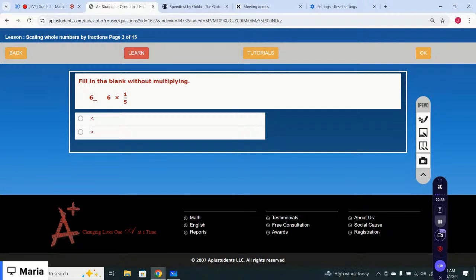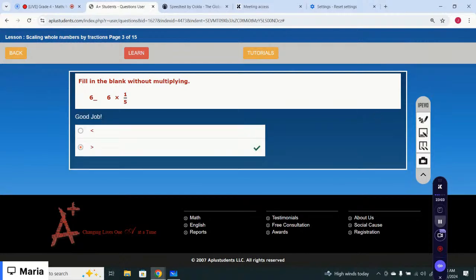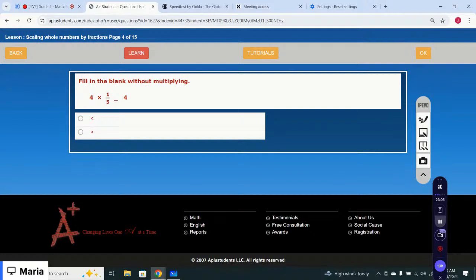So that means 6 is greater than 6 times 1/5. When you multiply a whole number with a fraction that is less than 1, the fraction makes the whole number smaller, right? So 4 times 1/5 is less than 4.